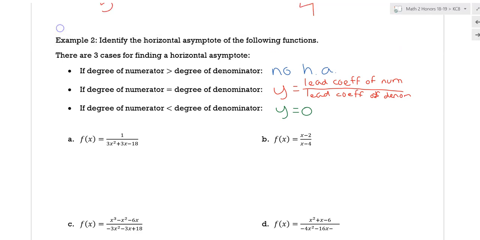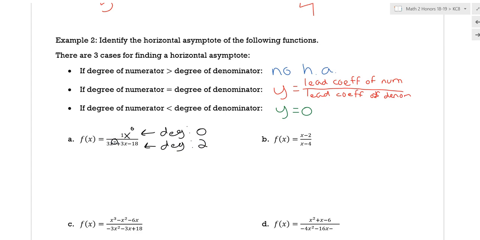All right, looking at letter A. So we want to find our degrees first. Again, this doesn't have an x, so it's x to the 0. This one has a degree of 2 as my highest number.